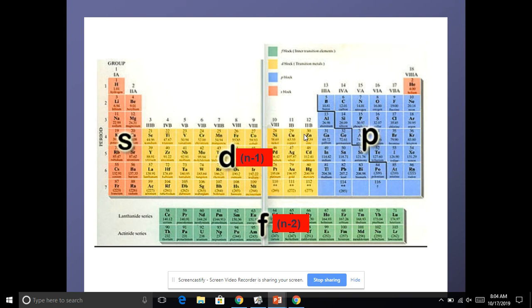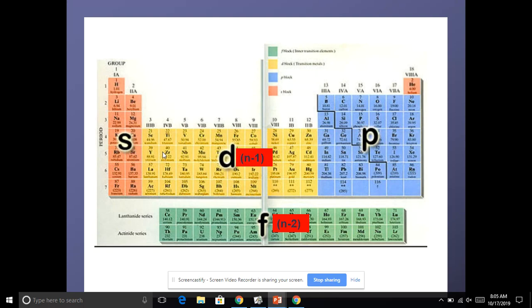This is what it means when it says D is N-1. This is actually level 4, because I'm across from the 4 right here. But since it's a D, it's always N-1, so 4 minus 1. So this row actually is 3D. We have 4S, then 3D, and then we go back to 4P. It's the same way down here: if I have 5S, it would be 5 minus 1, so 4.